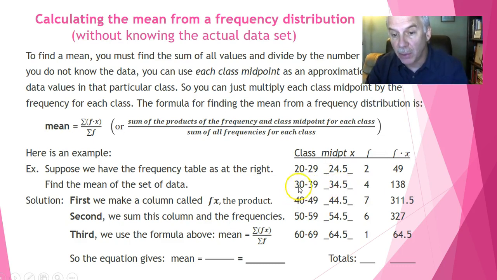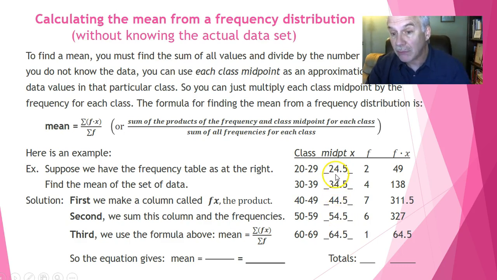For the next midpoint, 30 plus 39 is 69, and 69 divided by 2 is 34.5. Then 40 plus 49 divided by 2 is 44.5. 50 plus 59 divided by 2 is 54.5. And then 60 plus 69 divided by 2 is 64.5. You can see that these differ just by 10 because that's the class width. These are the class midpoints: 24.5, 34.5, 44.5, 54.5, etc.